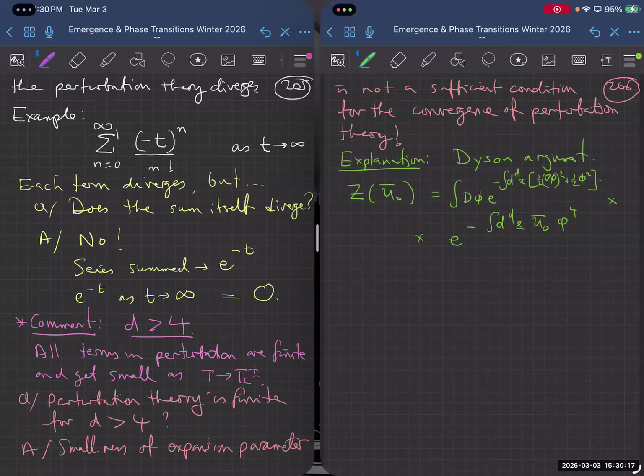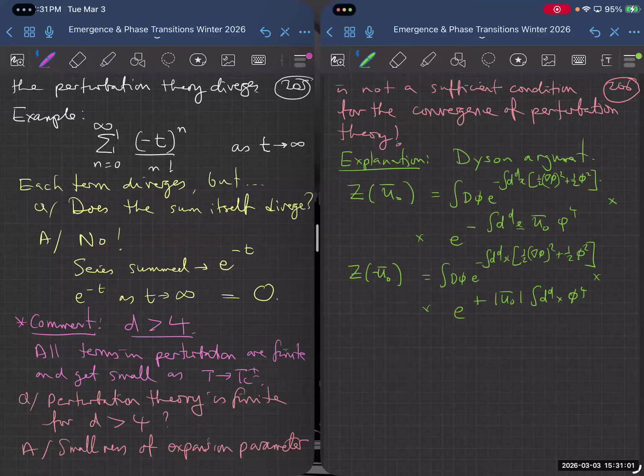Okay, then let's have a look at what the partition function looks like when I put a minus sign in front of the quartic term. Then I get the integral over phi, e to the minus the integral d^d x of a half grad phi squared plus a half phi squared, that's my unperturbed Hamiltonian, multiplied by e to the plus the magnitude of u naught times the integral d^d x of phi to the fourth.